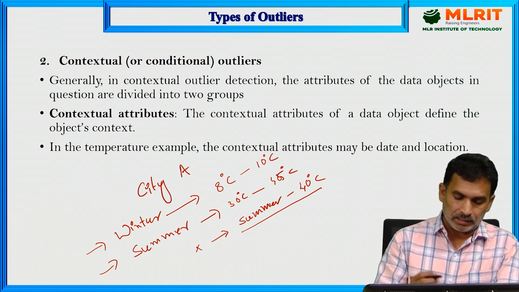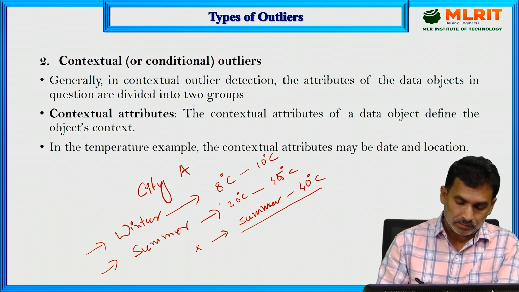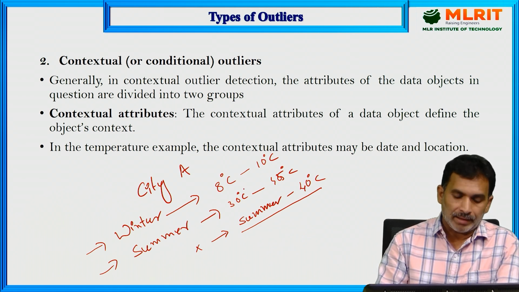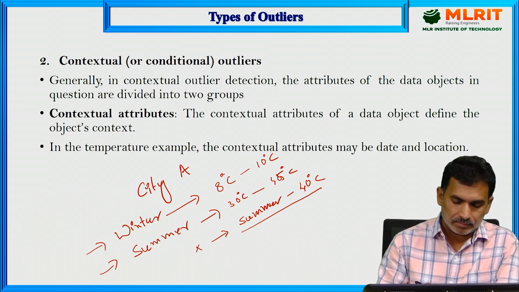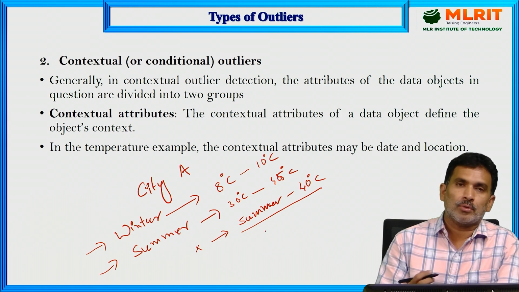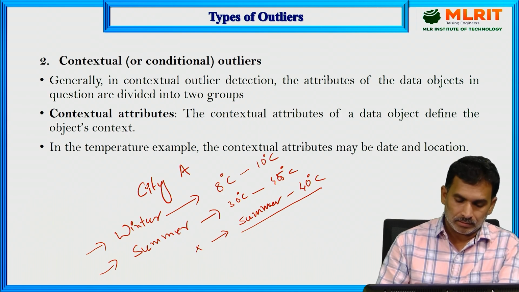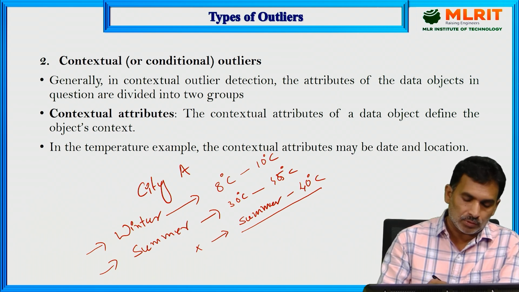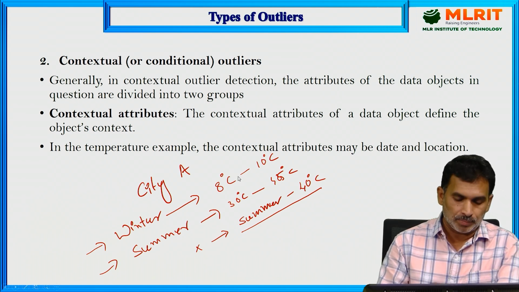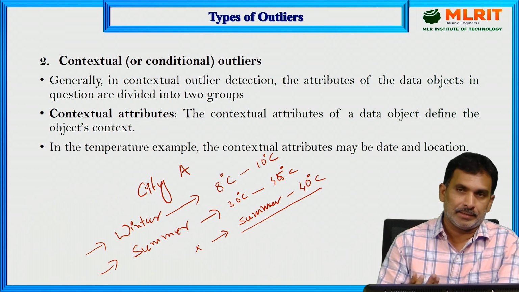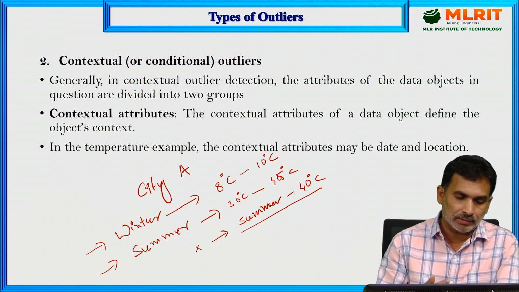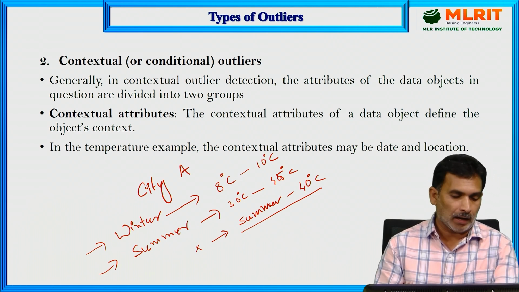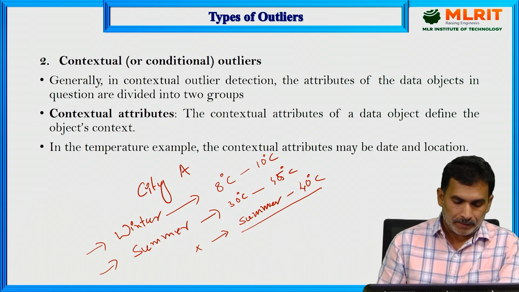Similarly, if there is a value like 8 degrees and all the rest of the data points have temperatures ranging from 30 to 45 degrees, that would be considered noise or an outlier. So how would contextual outliers be interpreted?